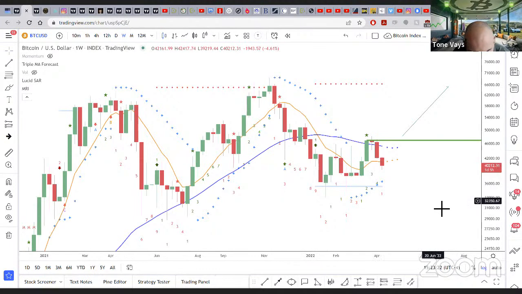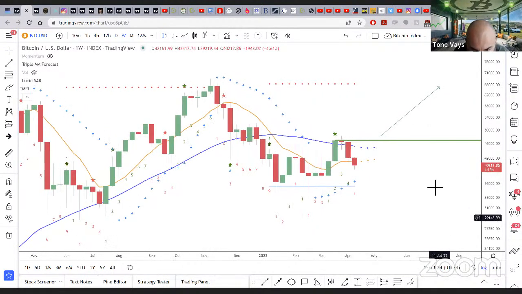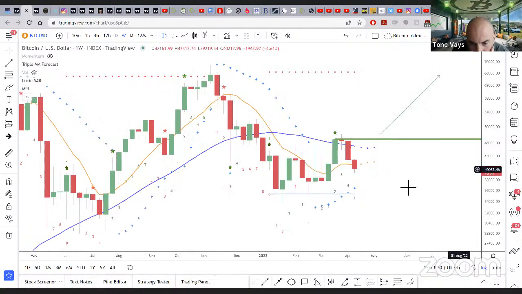Weekly chart. Weekly chart looks bad. There's nothing really to say here.